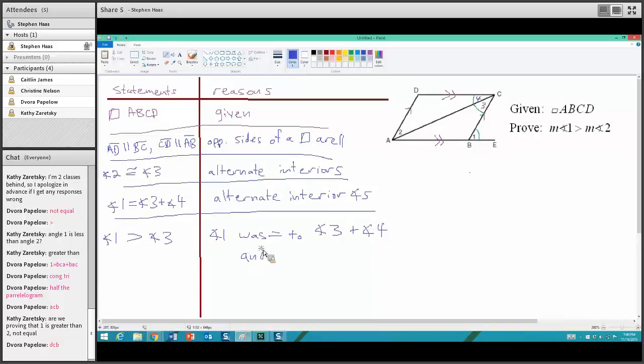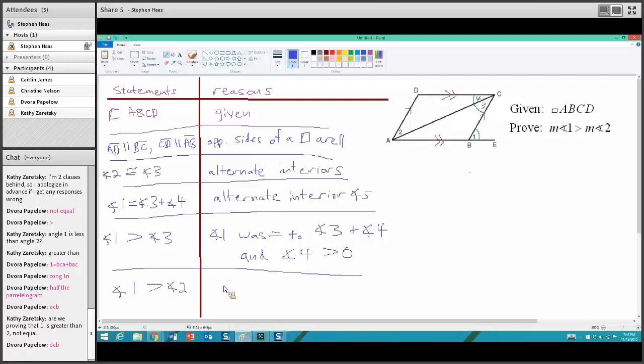And, just as importantly, angle 4 is greater than 0. Angle 4 is not a 0-degree angle. In order for something to be an angle, there's no such thing as a 0-degree angle. So because angle 4 is greater than 0, angle 1 has to be greater than angle 3 by itself. And so therefore, we can say angle 1 is greater than angle 2, really by something called the chain rule.